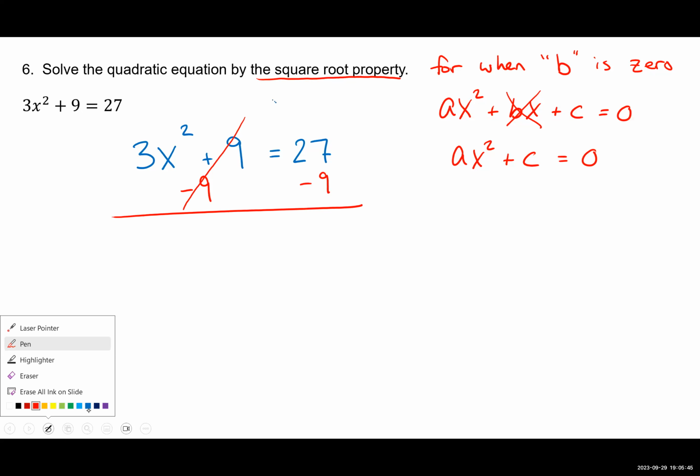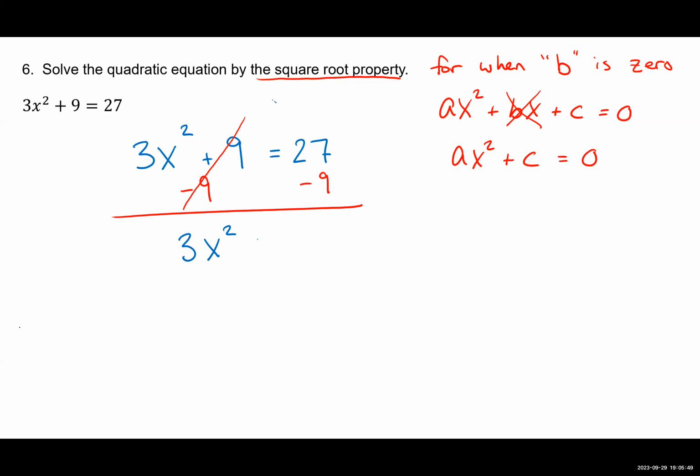We're one step closer to x squared by itself, but we still have a 3 there. 3x squared equals, 27 minus 9 is 18. Okay, we want to get x squared by itself, so we can divide by 3. Right now, the x squared is being multiplied by 3, so we do the opposite. We divide both sides by 3, so those 3's cancel. We have x squared is equal to 6.